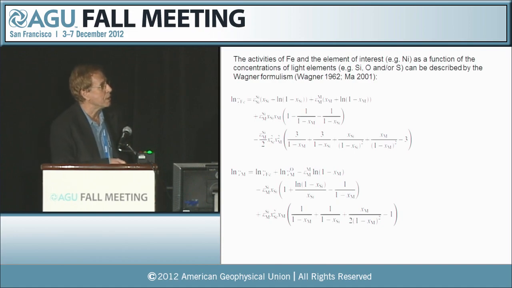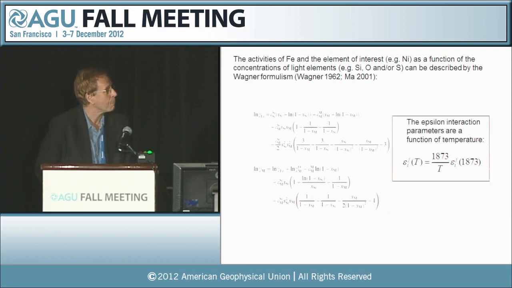And what's important here is that there are 3 critical interaction parameters. There's a silicon-silicon interaction parameter, a nickel-silicon interaction parameter, and a nickel-nickel interaction parameter. So if we can identify these interaction parameters, we can get the activity coefficients and then describe the thermodynamics of the liquid iron alloy. Okay, so the interaction parameters are formulated to be a function of inverse temperature.